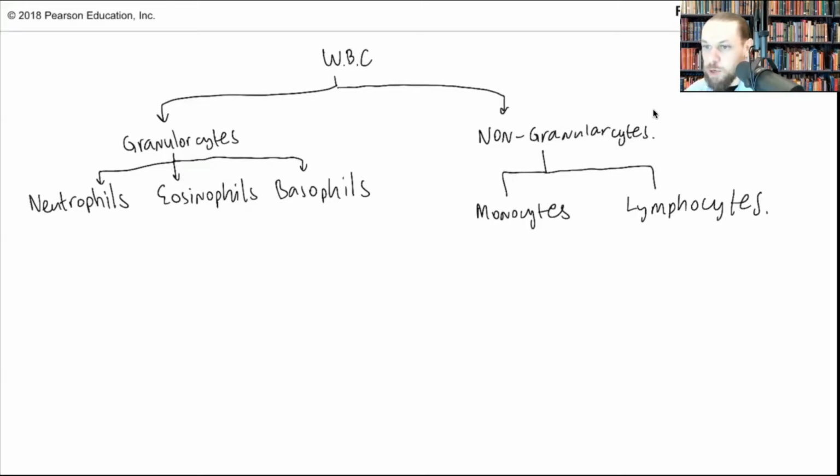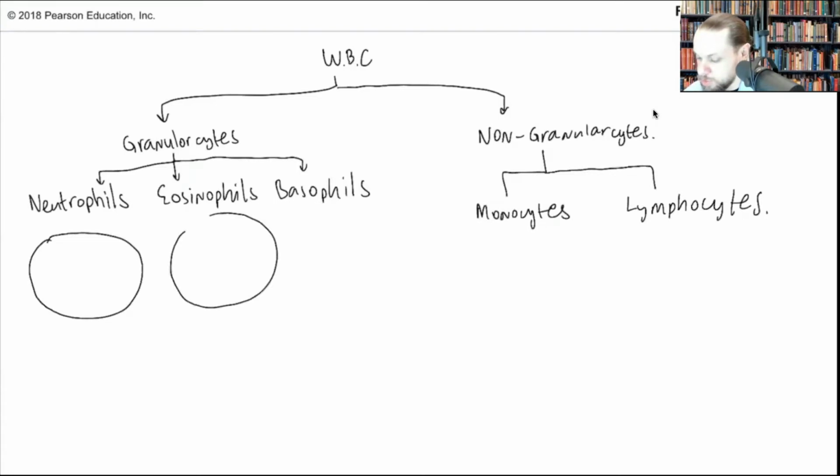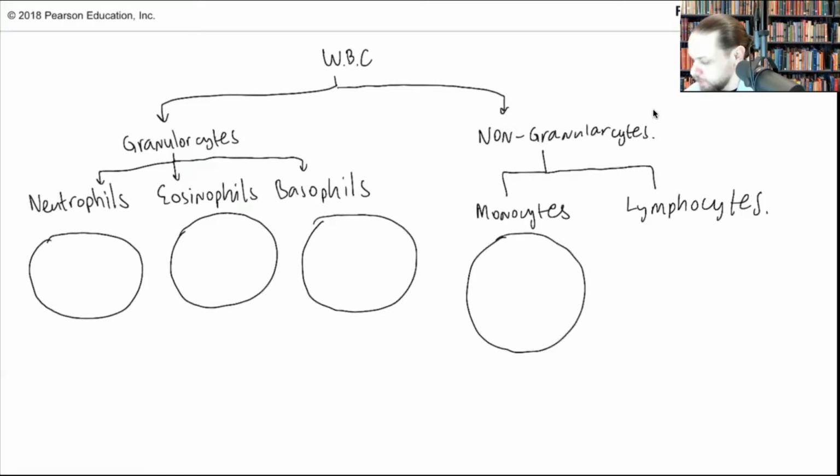Now, the way they differentiate them is basically something called cytology or histology. They take these cells and put them under the microscope, and then they look at all these granules. And we're going to talk about all of them, specifically the differences.